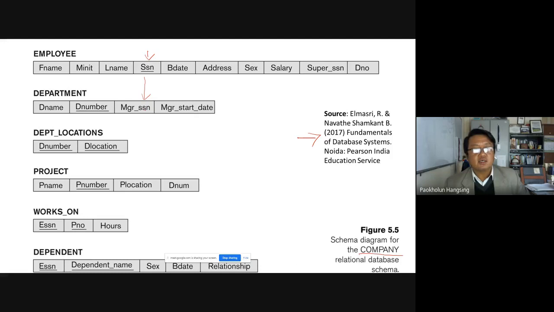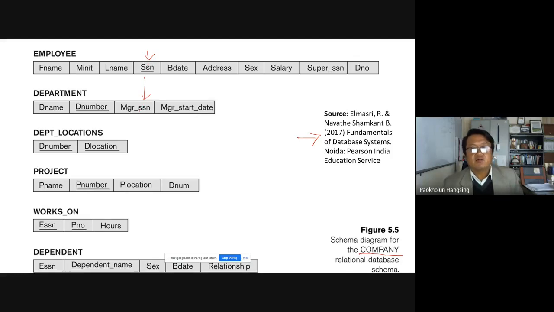Why are they not the same? We could have the same name, but these different names are used because they are used in different roles. In this case, employee and department are two different relations, so we could still have used the same attribute name here and repeated it.